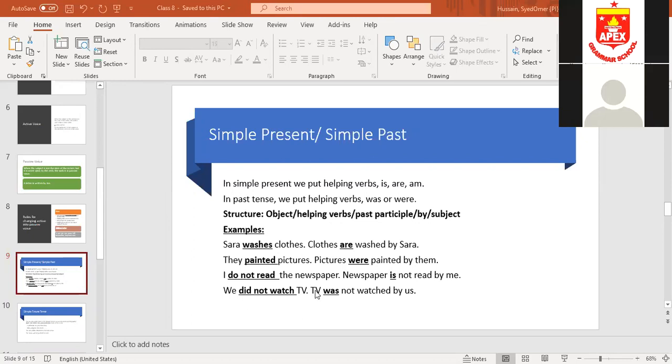Then you have to put the past participle, the third form of the verb, watched. Then you have to put by, and then you have to put the subject. Obviously, we are taking the subject at the end, so we are going to use the objective pronoun. The objective pronoun of we is us. I is me. Please note it down. I will tell you so that you can easily do it.